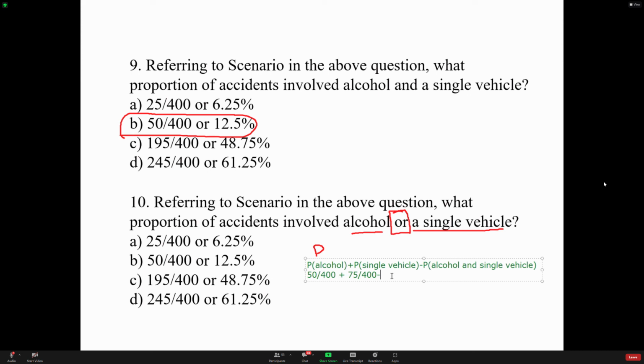Any answer from you? Probability of alcohol is 170. I'm sorry, probability of alcohol is 170.